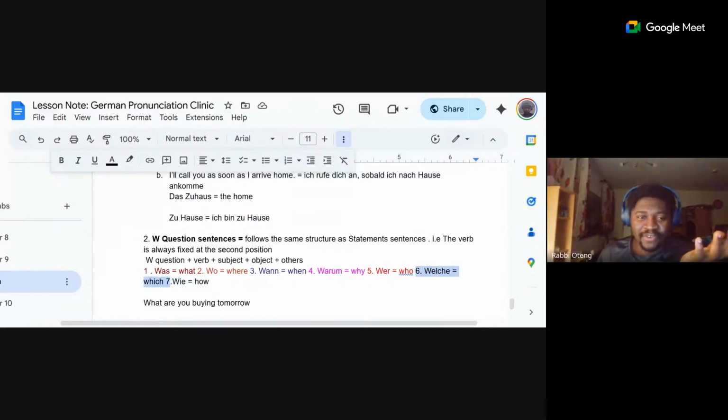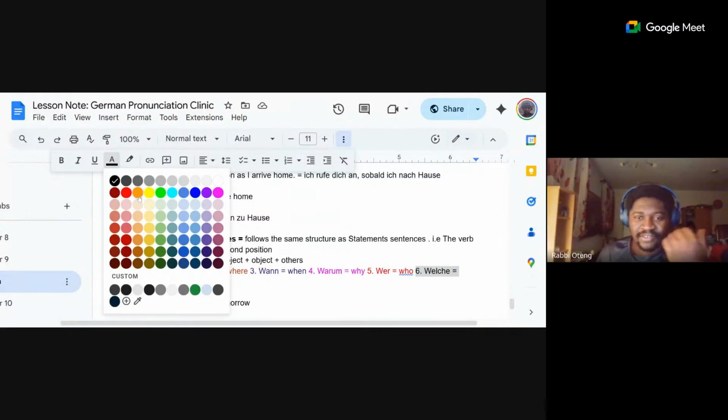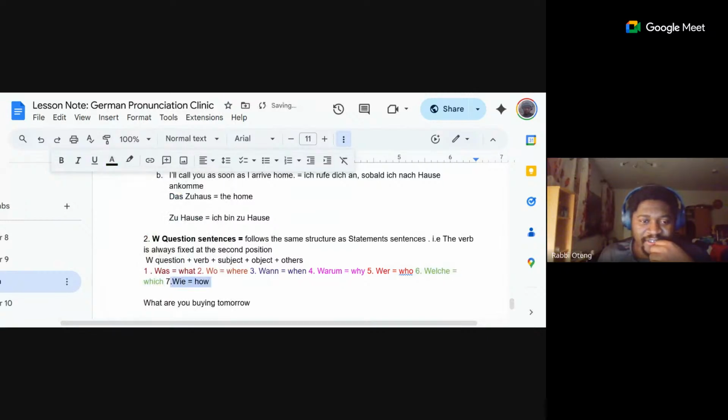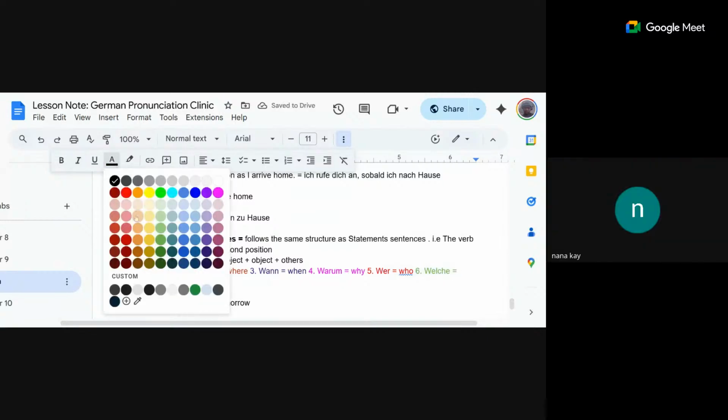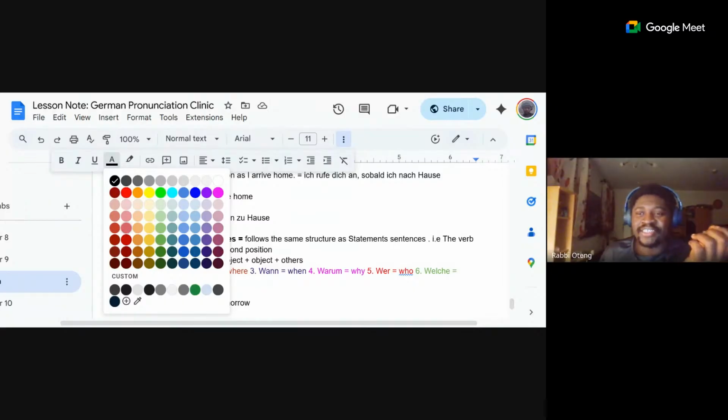"Wer" is the only one that changes in all cases. If you know how to use "wer", who, then it's easier to understand the cases. That's what I'm trying to say. The declination for "wo". They all mean where, but yeah.